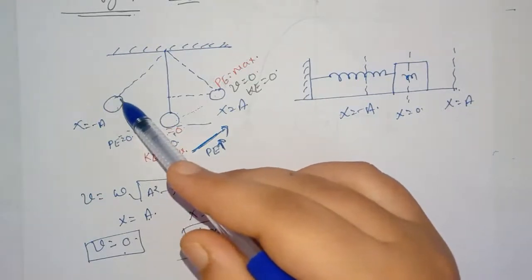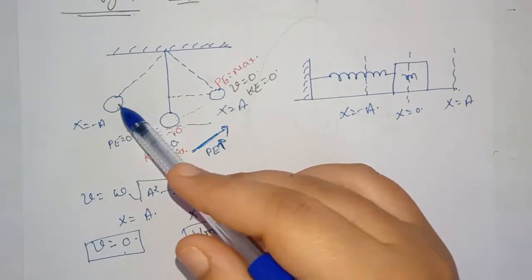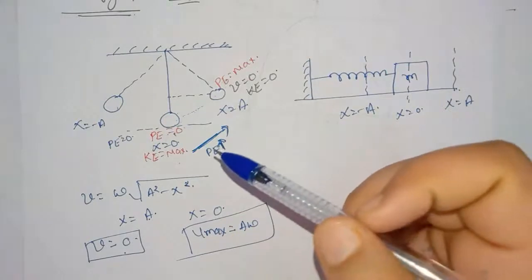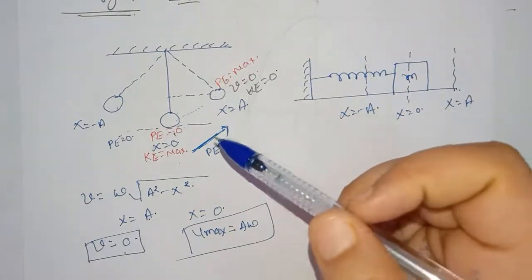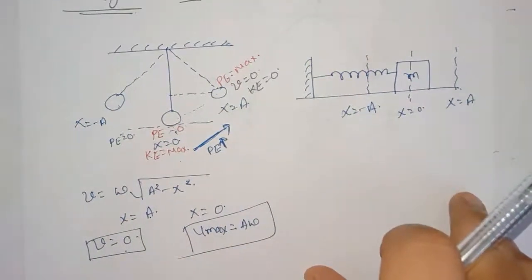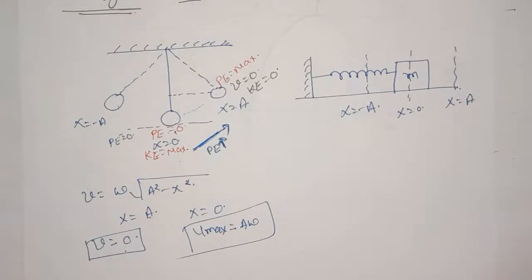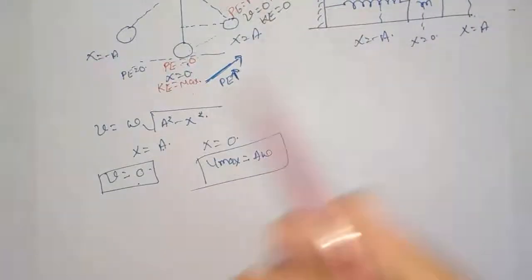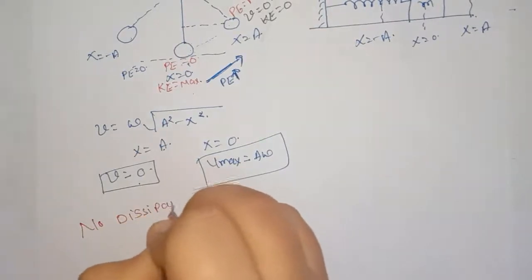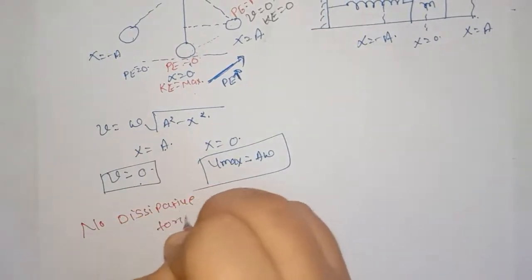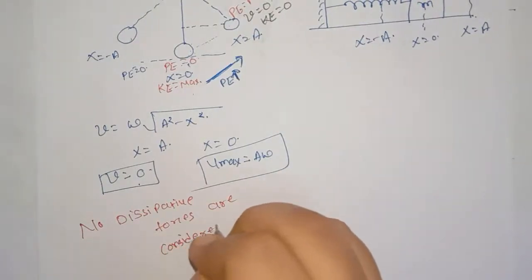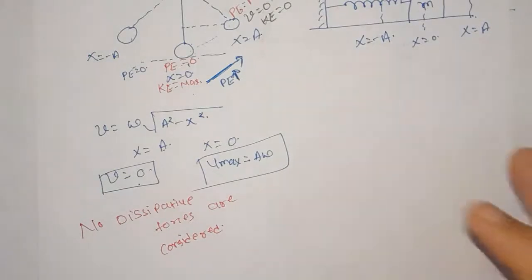At this point x is equals to minus a, velocity is 0, again it will start to move in this direction. So, here we are not considering any dissipative forces.